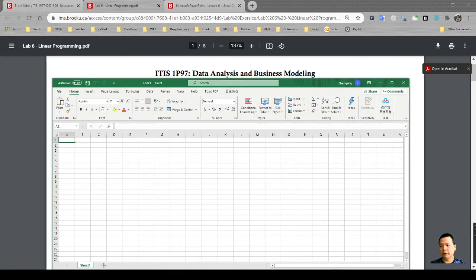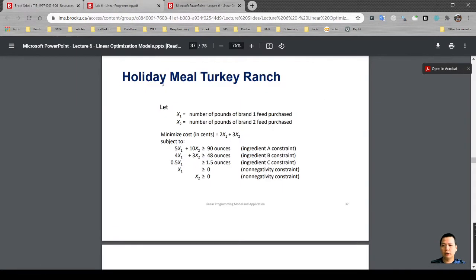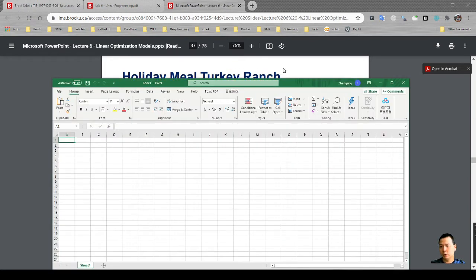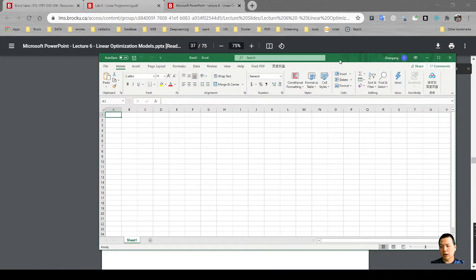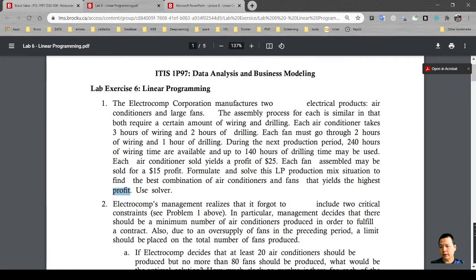The standard format is in your lecture material, on page 37 of your lecture handout, taught by Professor Mangesha. So we write out the model first, then we do the Excel Solver.